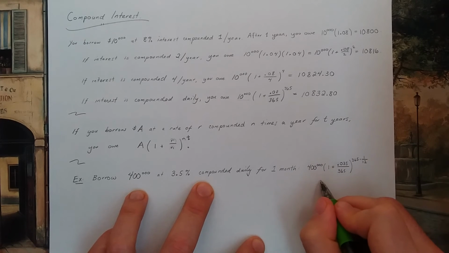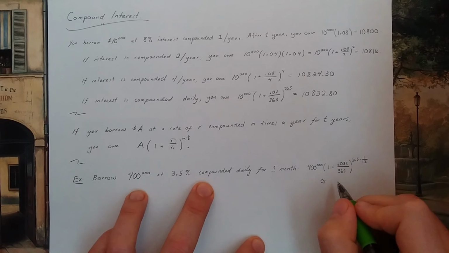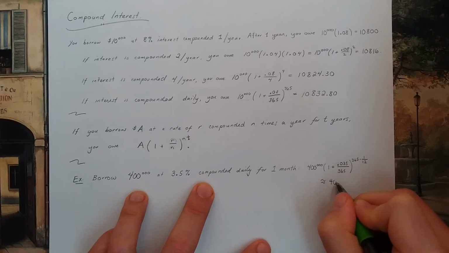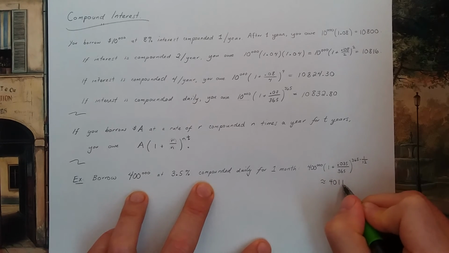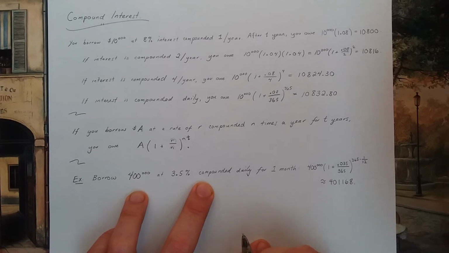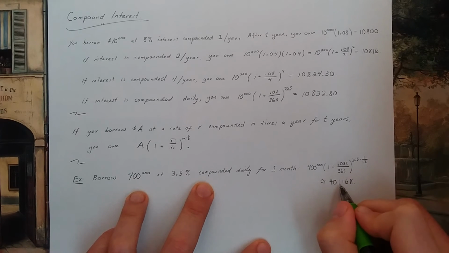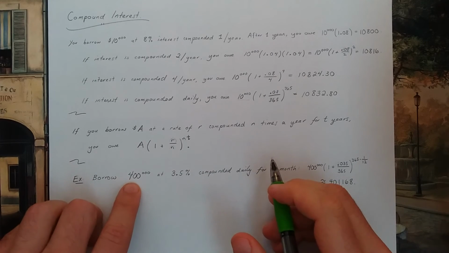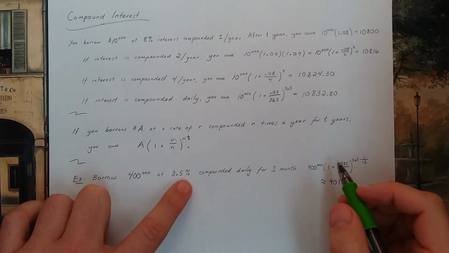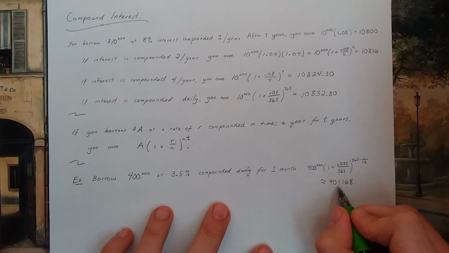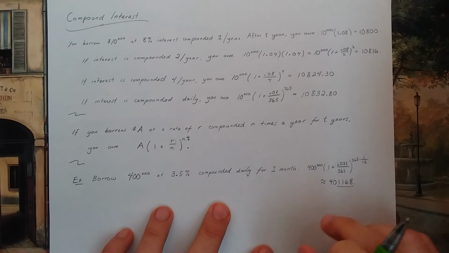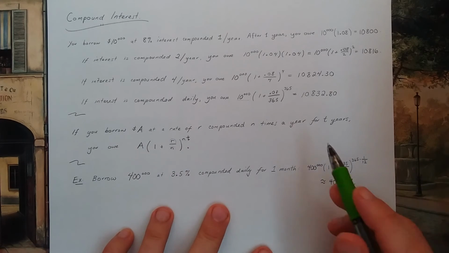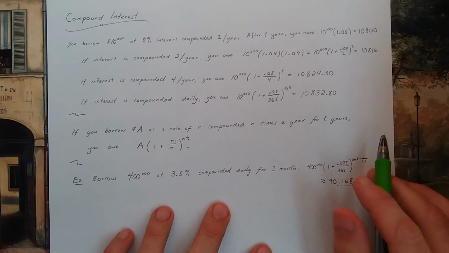And if you do that calculation, you will find approximately $401,168. So after 1 month, if you borrow this amount of money to buy a home at a 3.5% interest rate, then just in interest alone, you'll be paying about $1,100.